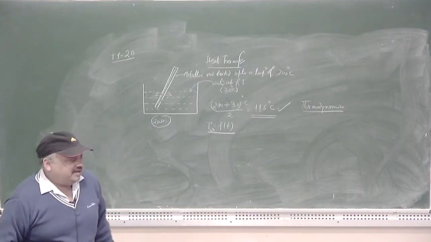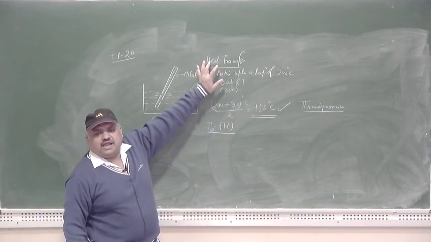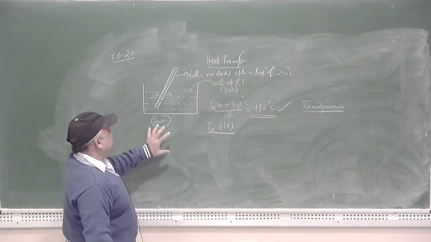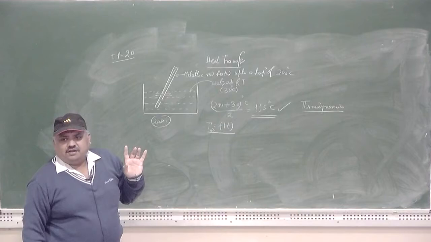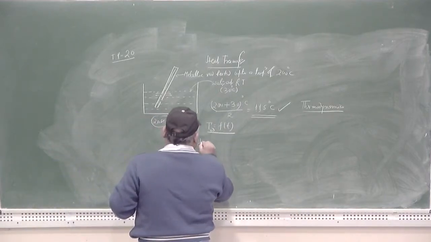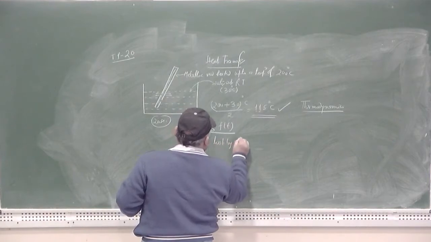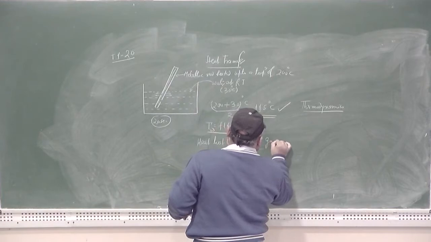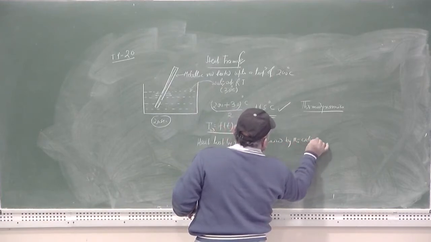Rather, heat transfer, this subject that you are going to study, can easily give you an idea of what should be the temperature of this metallic rod after a certain time, by equating the concept of heat lost equal to heat gain, that is the heat lost by the rod should be equated to heat gained by the water at 30 degree centigrade.